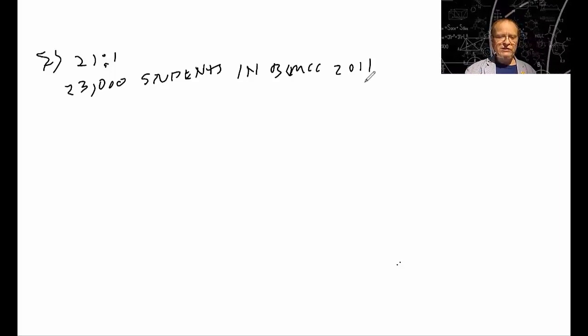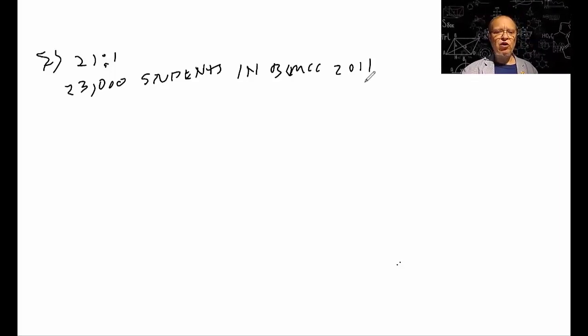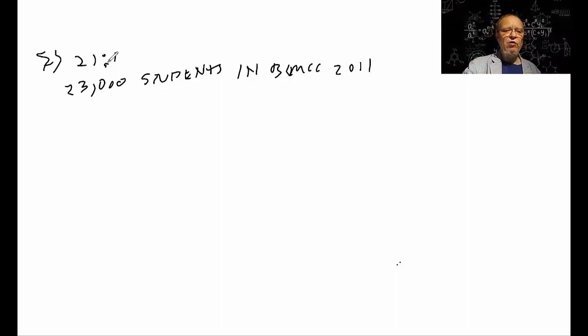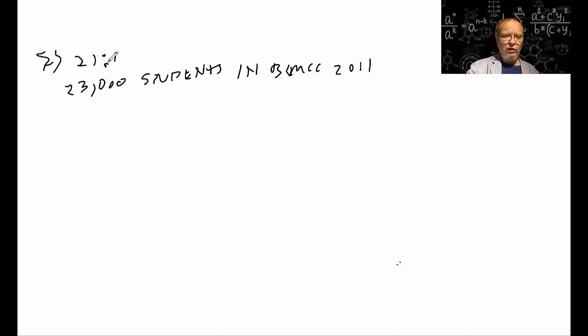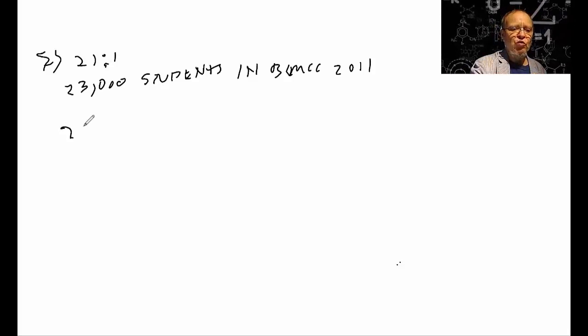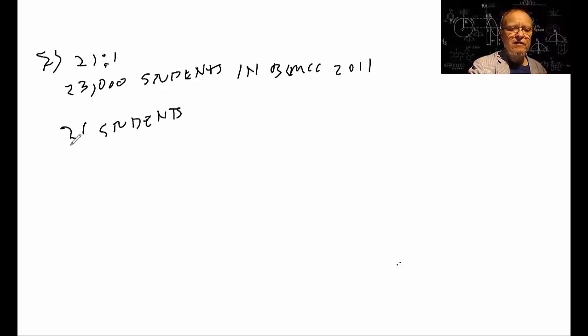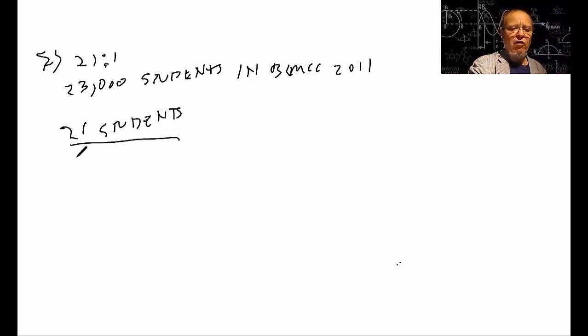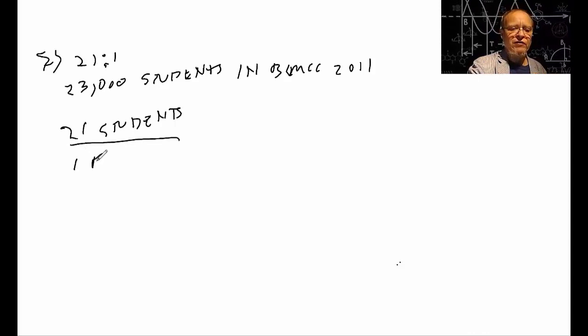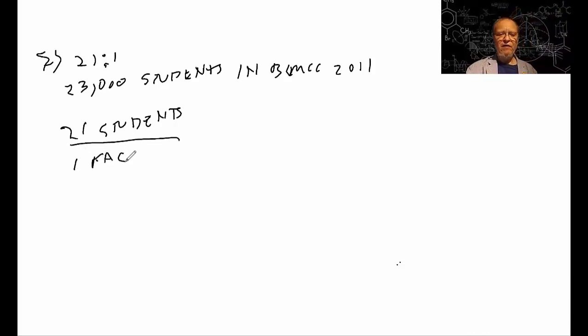So we're going to set up a ratio that we could solve. We start with the information that we know: for every 21 students, there is one faculty member.